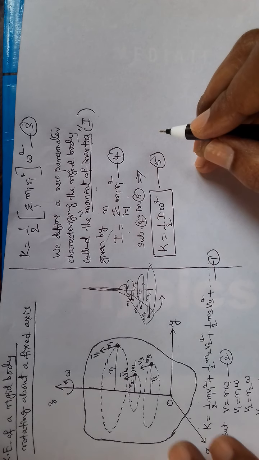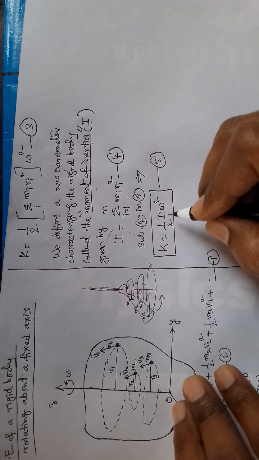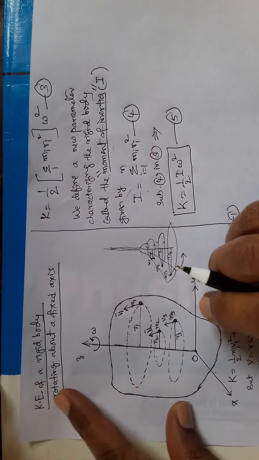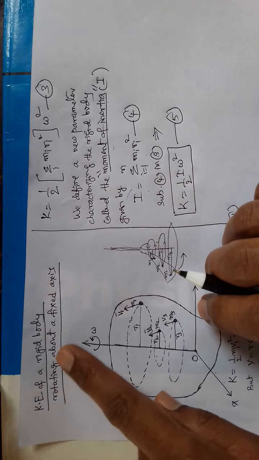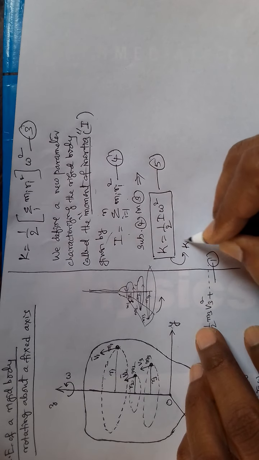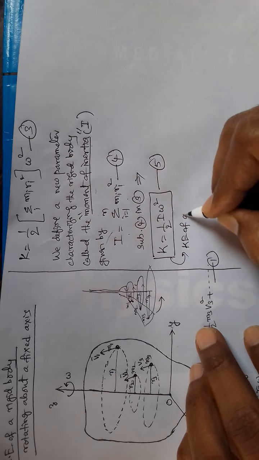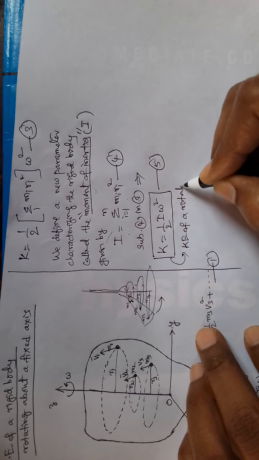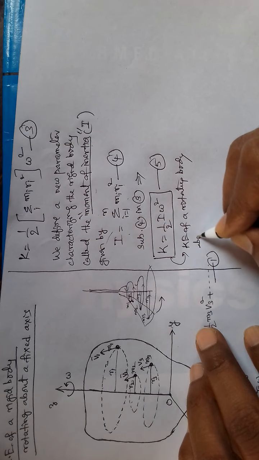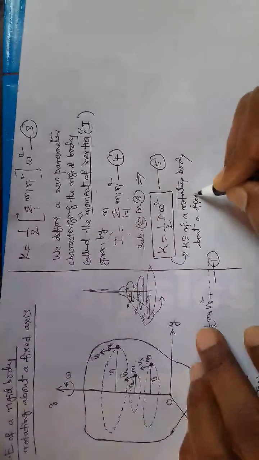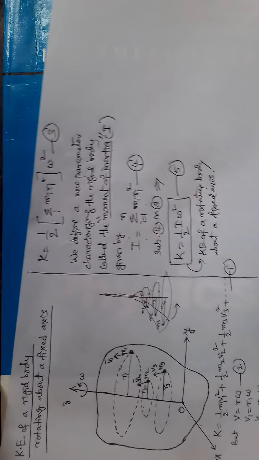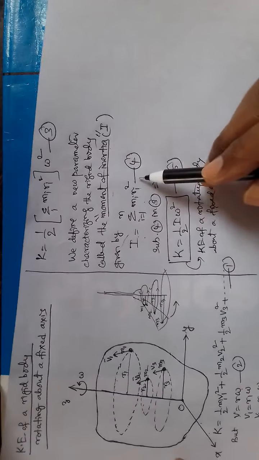So this is called the kinetic energy of a rotating body. This is the kinetic energy of a rigid body rotating about a fixed axis, and I is called the moment of inertia.